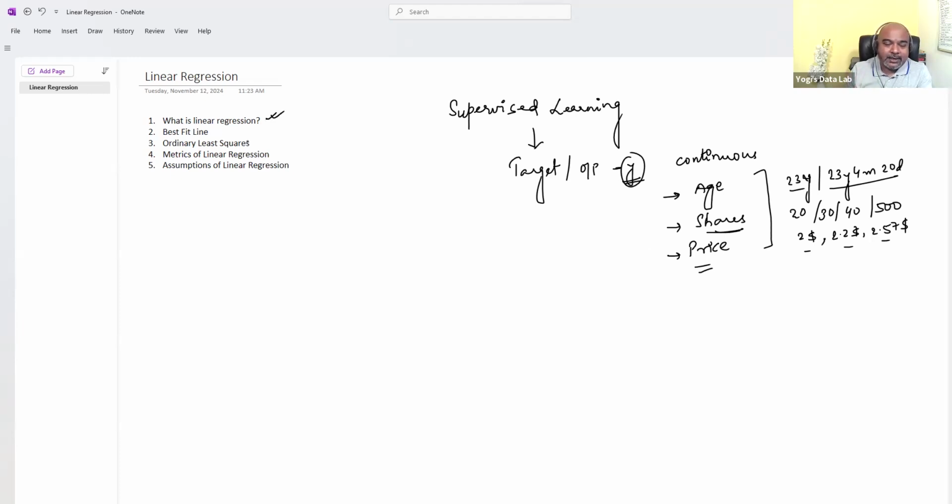One is linear, the other is regression. Linear makes sense: when I say linear, it is talking about a straight line. I want the points to fall in a straight line. But what is regression? Regression means moving towards the average. I might have multiple points scattered here and there. I want to have things moving towards the average of all these points. That is linear regression. Now, to understand this better, we will go through one example.